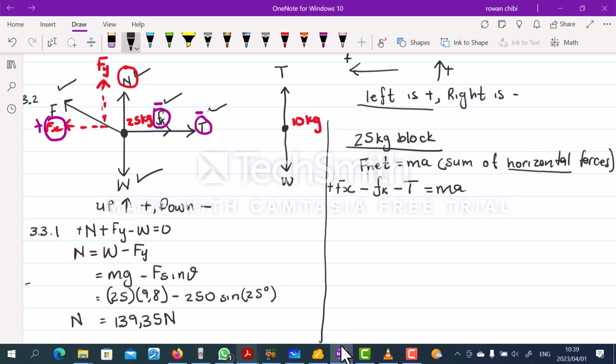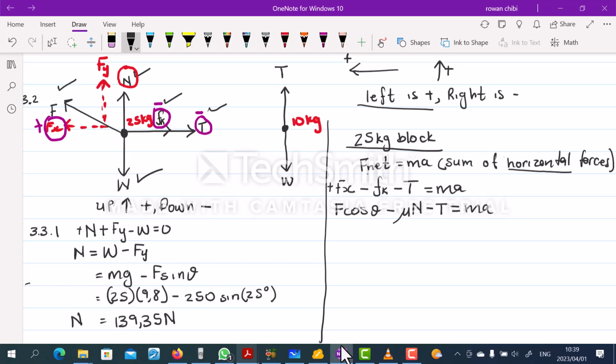Then we need to find now the values for the force and the angle, because Fx is F cos theta. The frictional force, we know it is the kinetic coefficient times the normal force, minus the tension, equals ma.